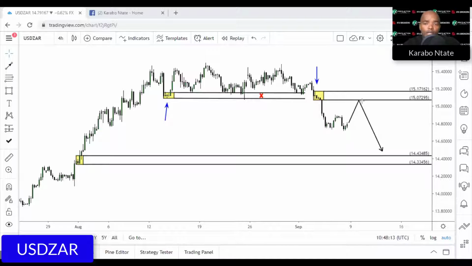So if price does pull back into this supply zone, it will be an interesting zone to place your order for a potential short back into this demand zone, which is at this previous resistance, which is now support. So there is that interesting confluence between the two. That is a nice setup, something which I will definitely be looking out for this week.